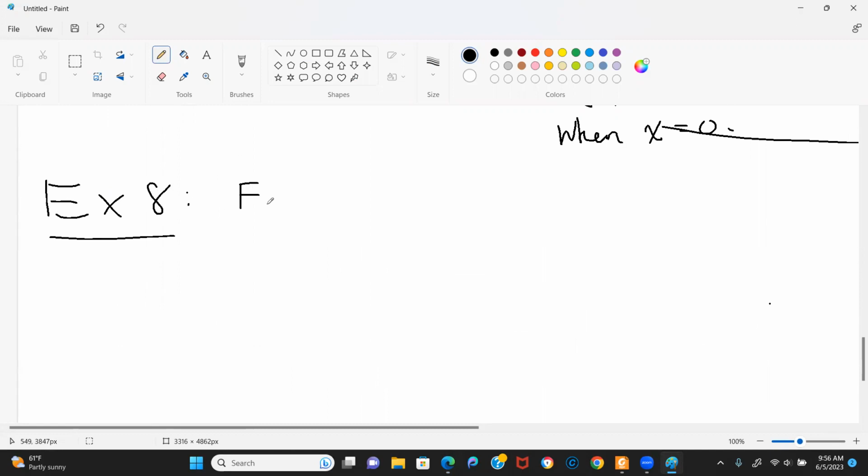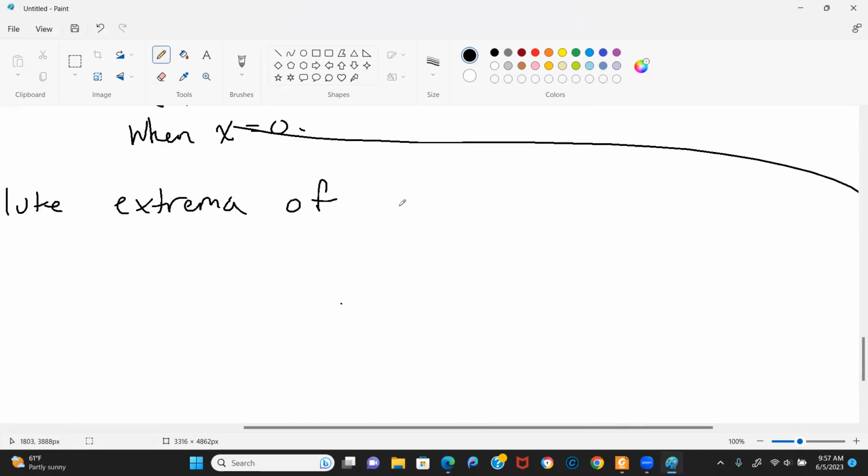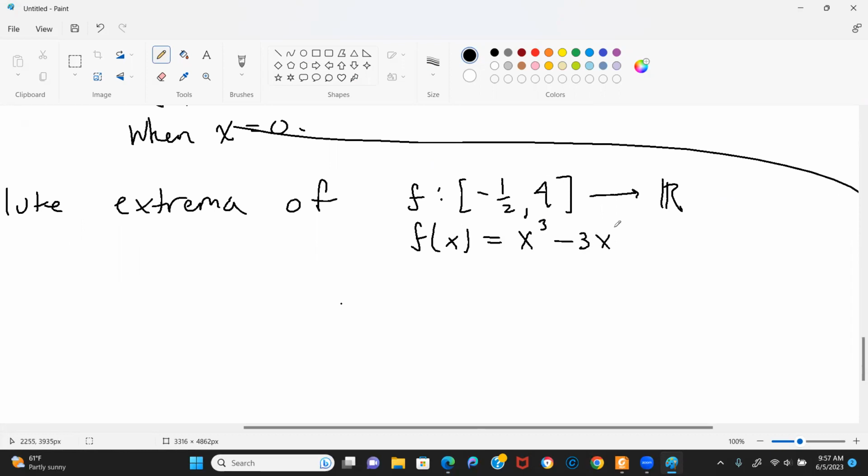We want to find the absolute extrema, minimum and maximum, of the function f defined on the closed interval from -1/2 to 4, given by taking x and sending it to x cubed minus 3x squared plus 1.